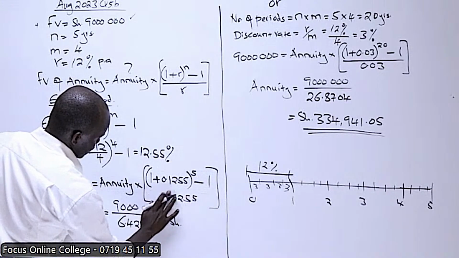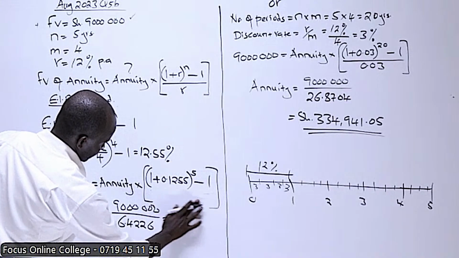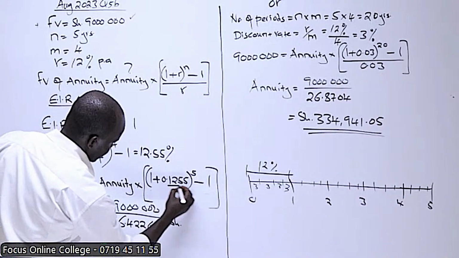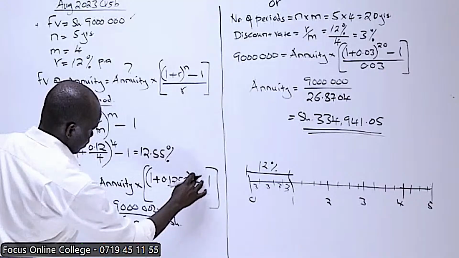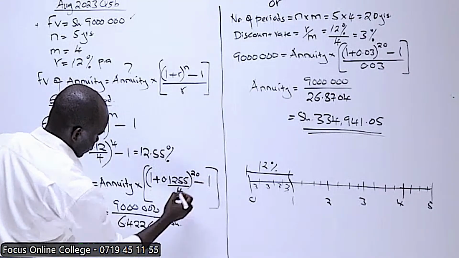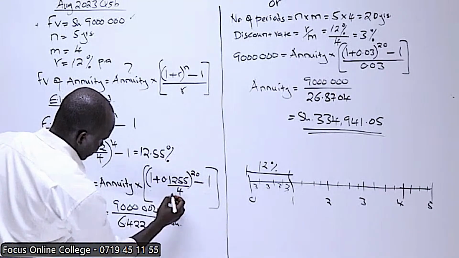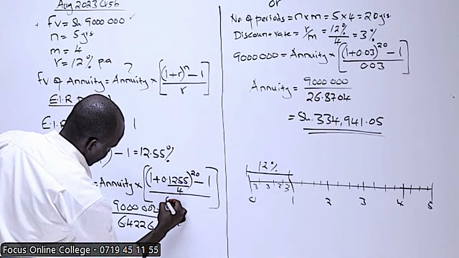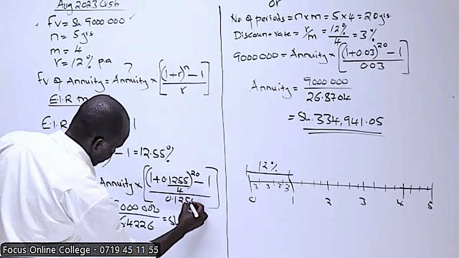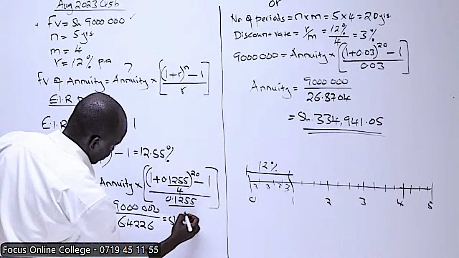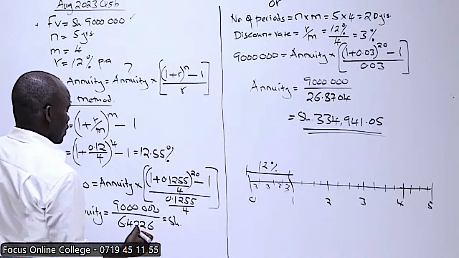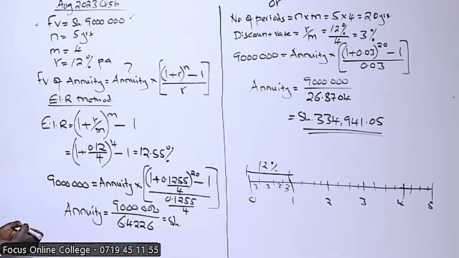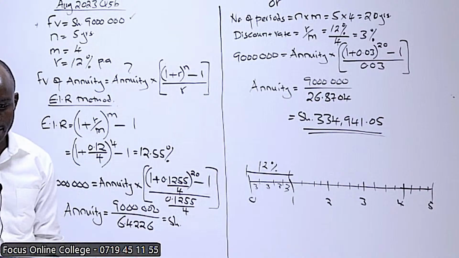You divide this by 4, so this will become 20. Then you divide 0.1255 by 4. So that is where the issue was. After getting the effective interest rate, you will still again adjust the number of periods.